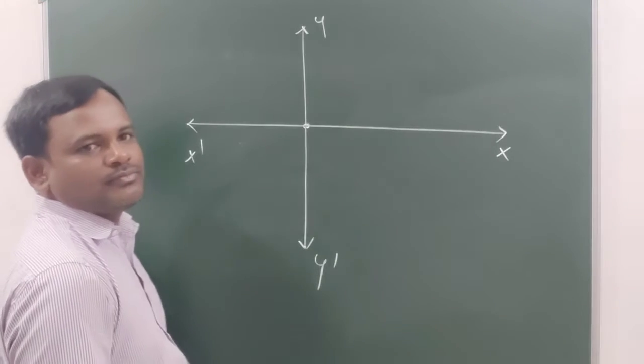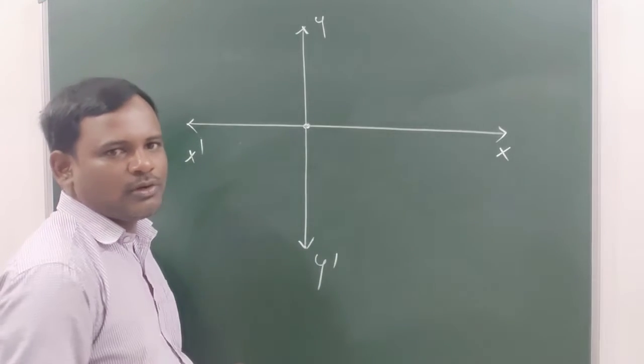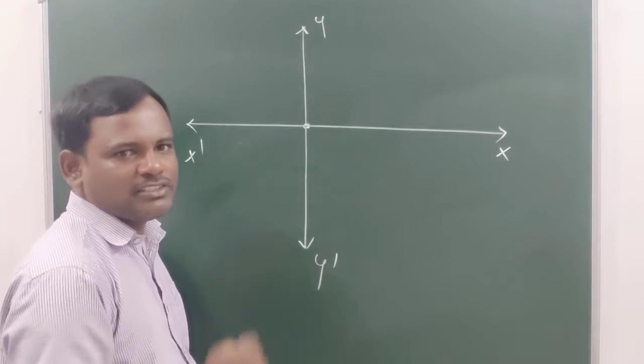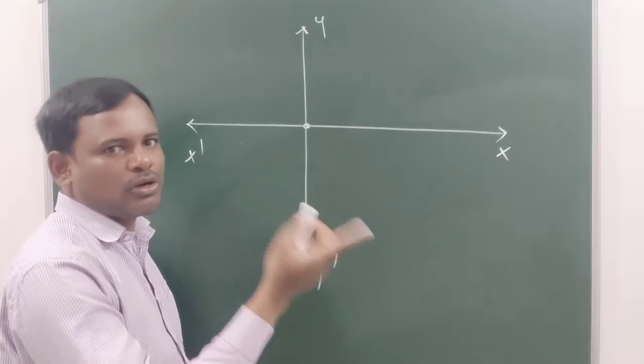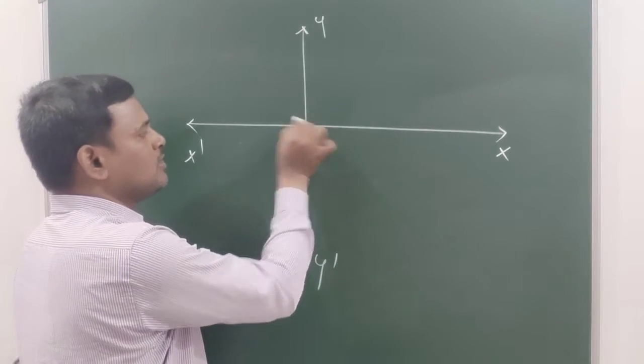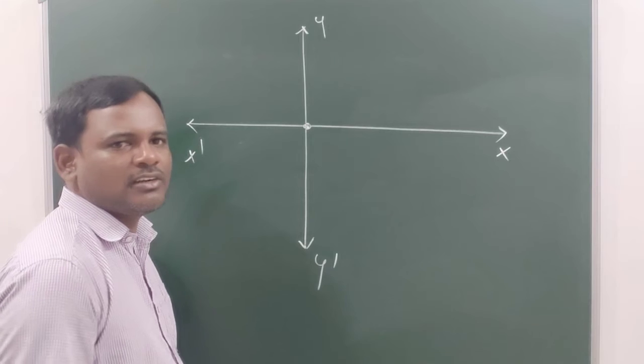As we know, when the domain is 0, the corresponding range is 0. So the point 0, 0 is the point of intersection of the x and y axes.